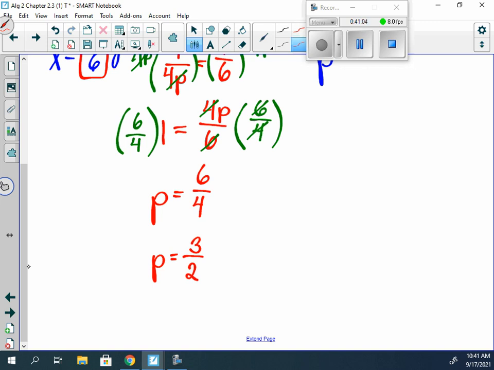So this here, it would have worked that we could have set 6 is equal to 4p divided by 4 and gotten 3/2. But with the 7/6, it wouldn't have worked out as nicely. Let's finish this up because we only have 2 steps left.